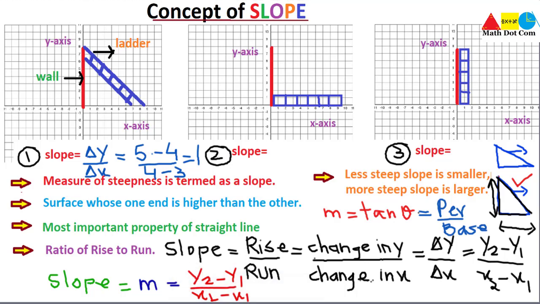So y is 0 but x is changing, so we can say x2 minus x1. But in this case the slope will be 0, because this ladder is lying straight on the ground and it is not making any angle with the wall, and there is no steepness in the ladder, or you can say in the line.